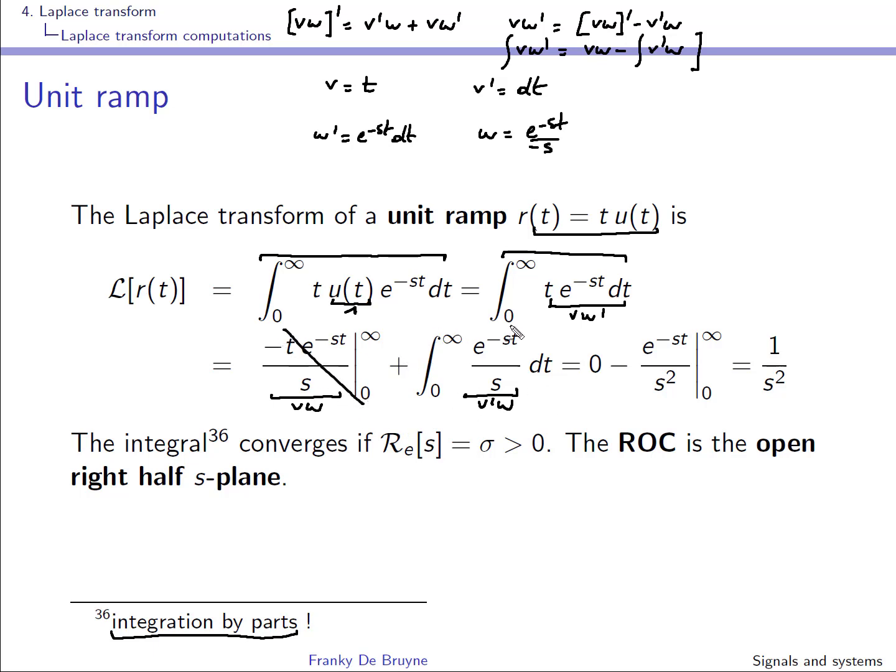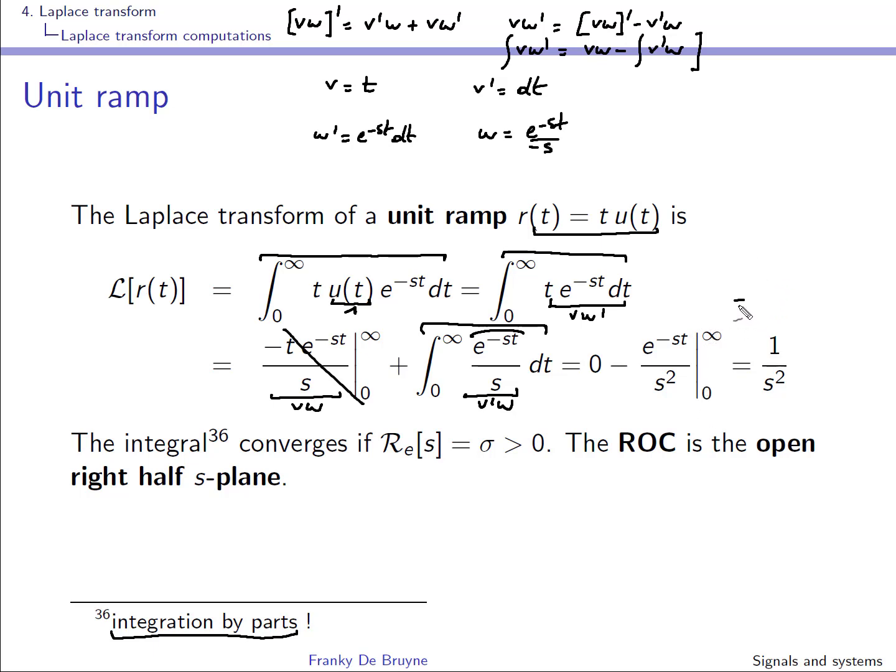So we have to compute this term. It's a plus sign because you have a minus sign over here and a minus sign over here. So we need to compute this integral. If we integrate this function over here, this is what we obtain with a minus sign, and we have to consider it at the limits 0 to infinity.